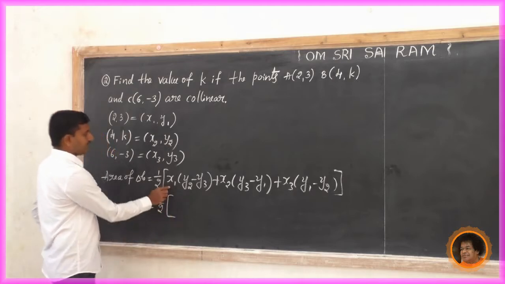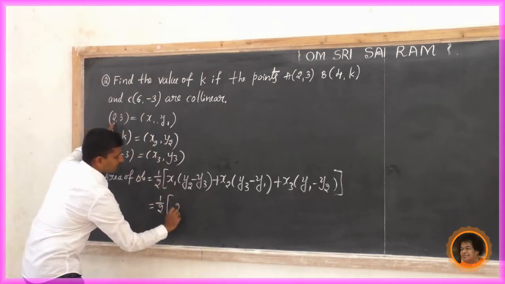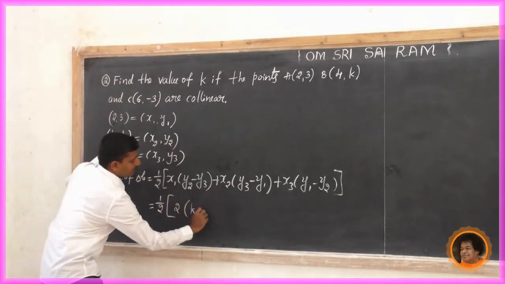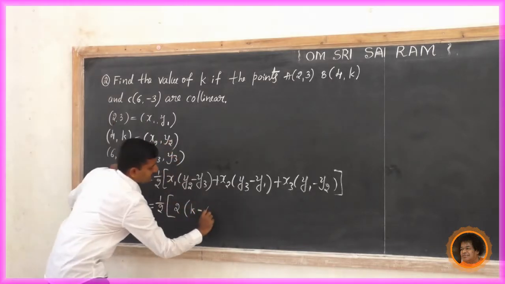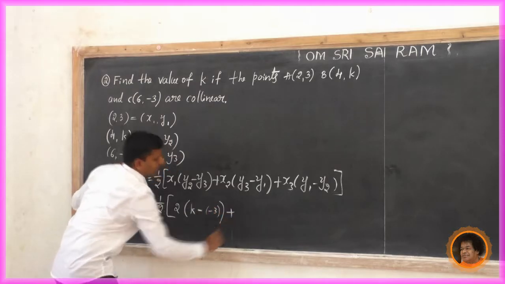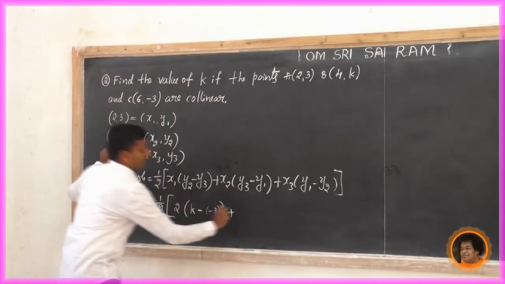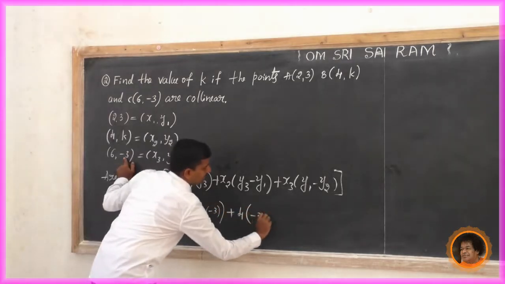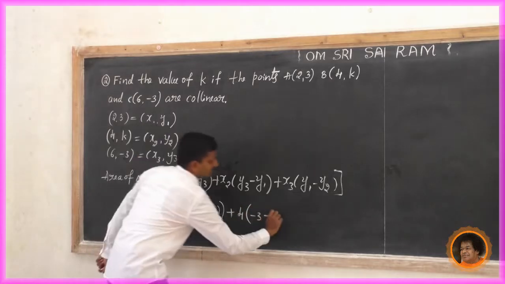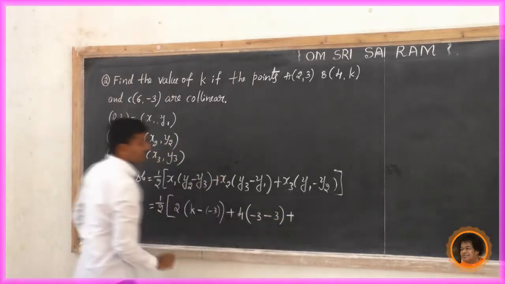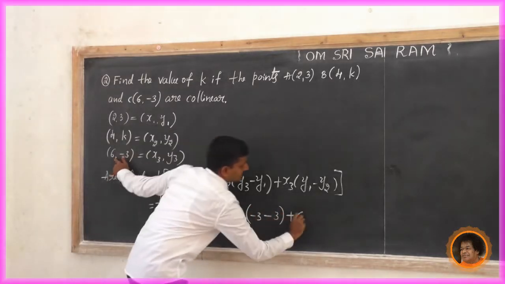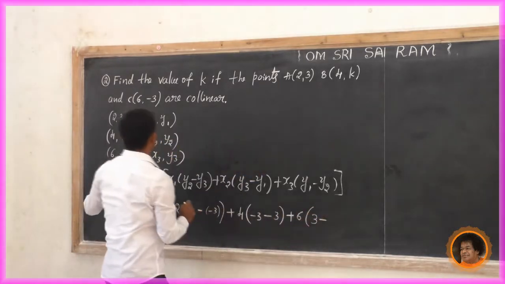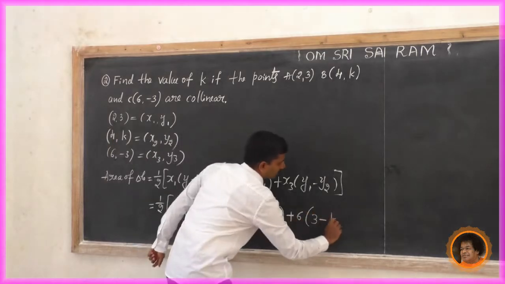Half into x1, so x1 value is 2, into (y2 minus y3): y2 is k, minus y3, y3 is minus 3, plus x2, so x2 value 4, into (y3 minus y1): y3 is minus 3, minus y1, y1 is 3, plus x3, so x3 value 6, into (y1 minus y2): y1 value 3 minus y2, y2 value k.